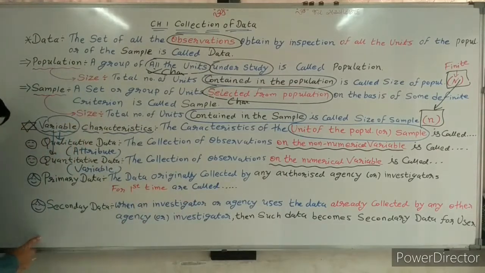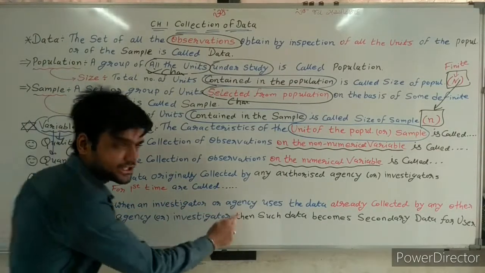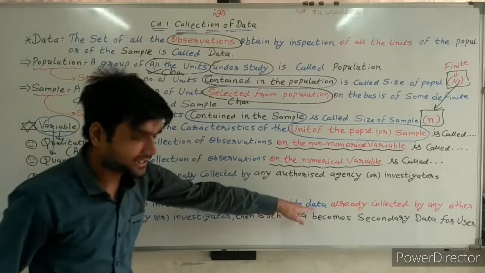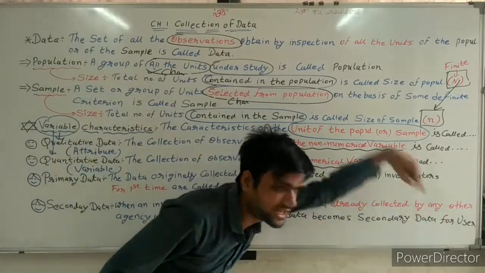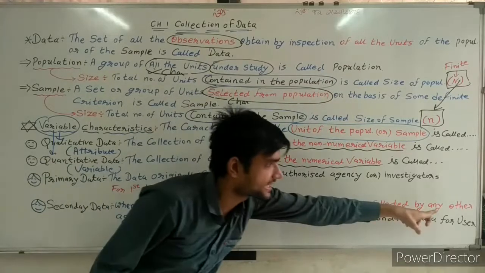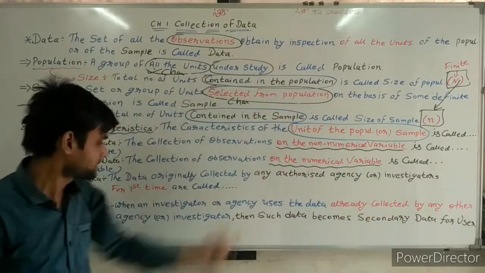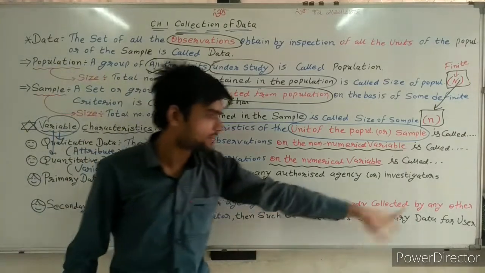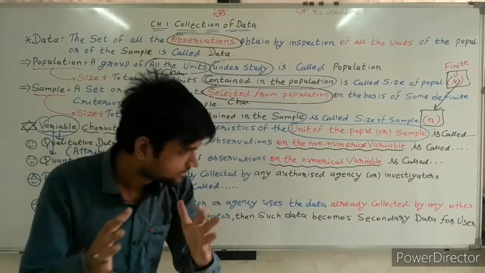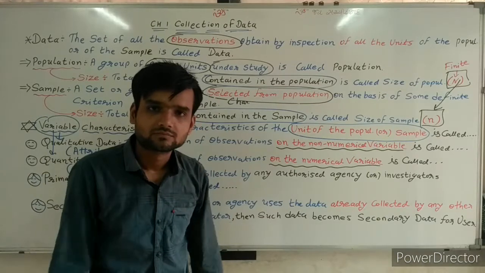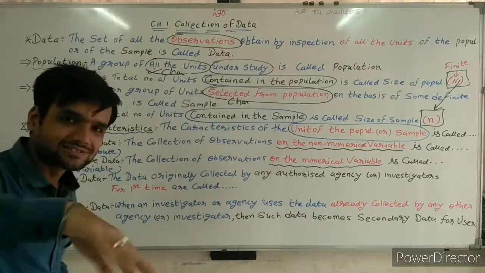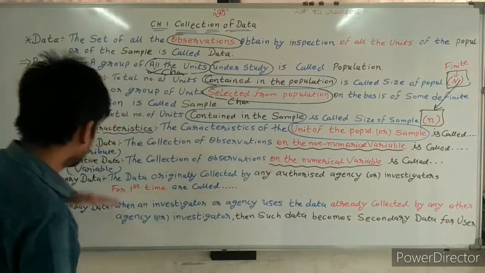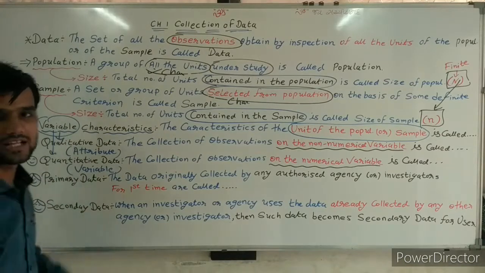Secondary data, sir, when an investigator or agency uses the data already collected by any other person, agency or investigator, then such data becomes secondary data for user. Secondary data for that second user. So this is the primary and secondary data.